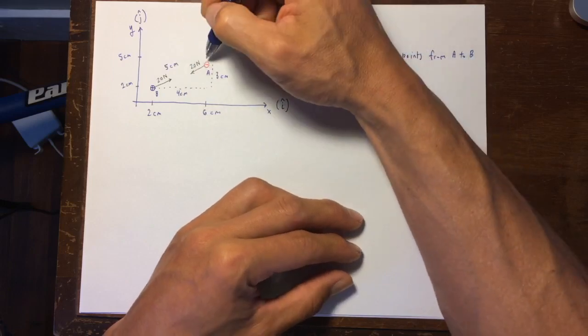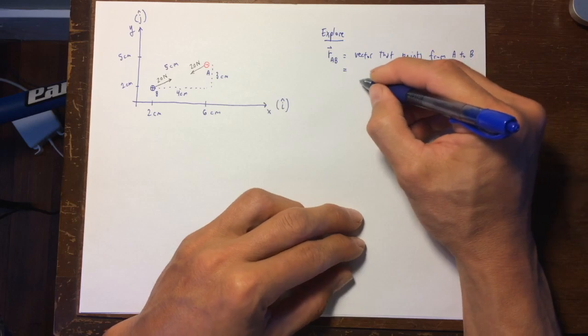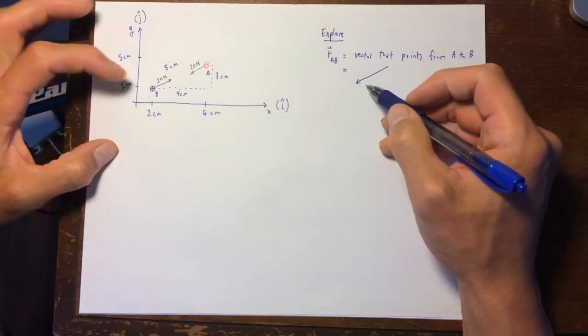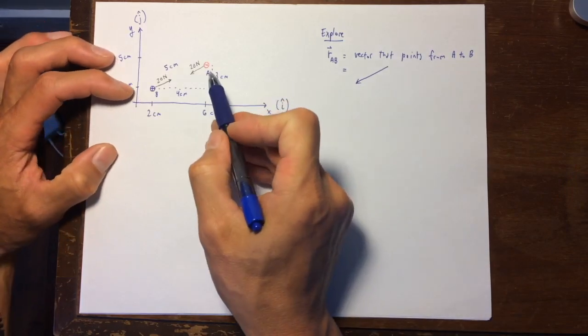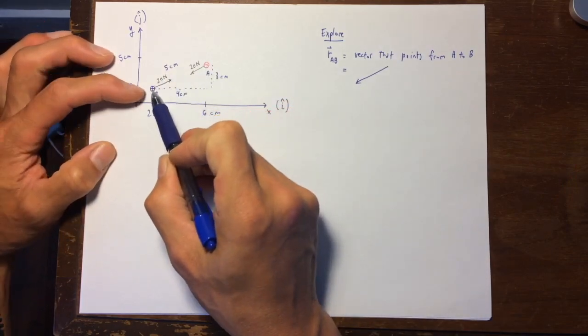So the vector that takes me from A to B is going to look like this, right? And it's got to take me from this location all the way over to that location.